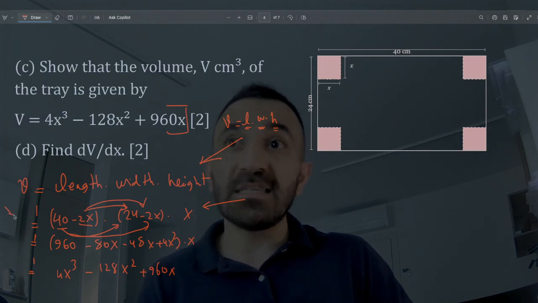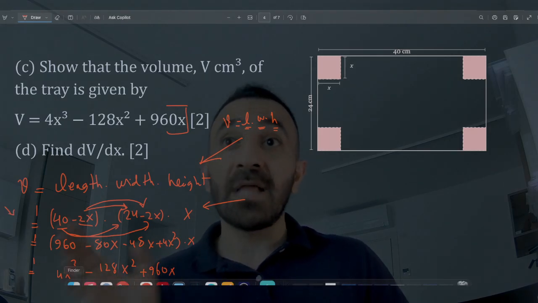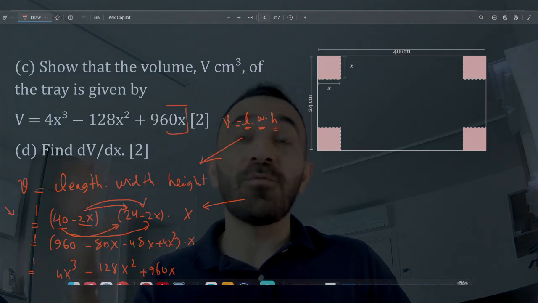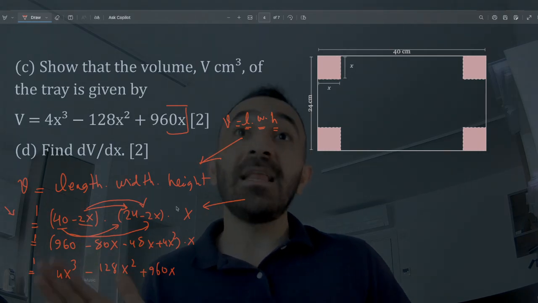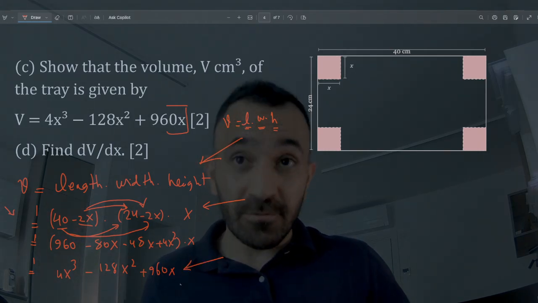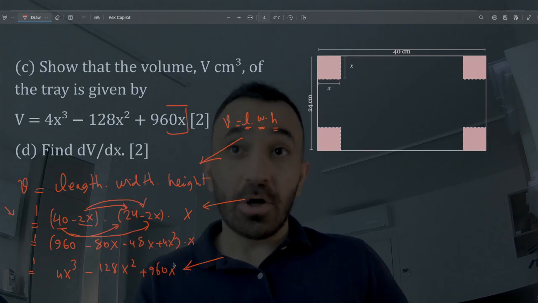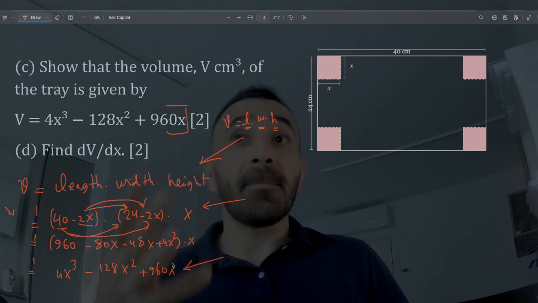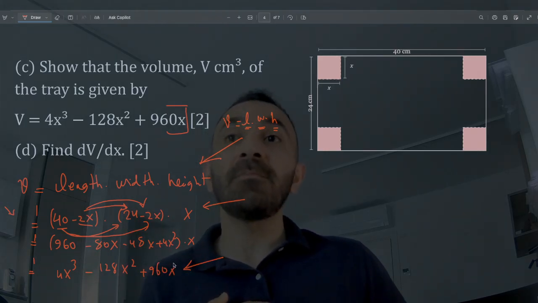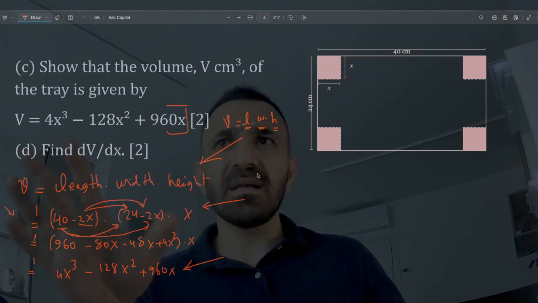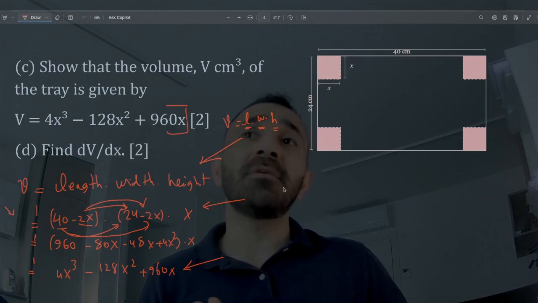Thanks to the fact that length equals 40 minus 2x and width equals 24 minus 2x, we now have an equation for the volume based on only one variable. Now, there are different ways to find the maximum possible value of the volume. The question is making our job very easy.